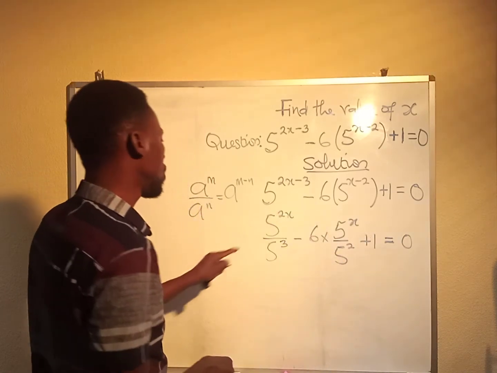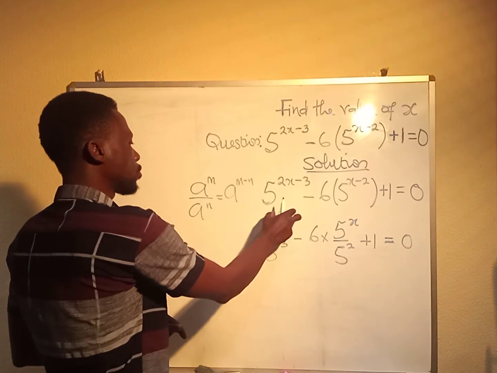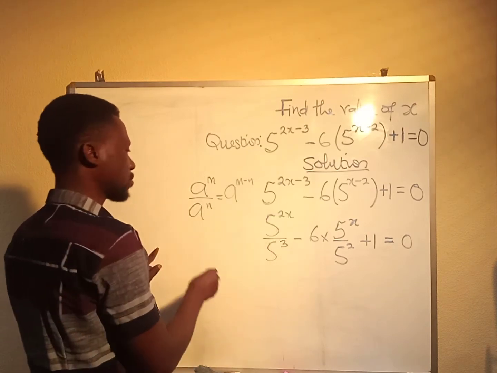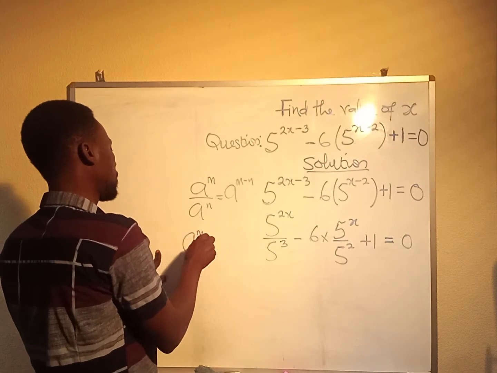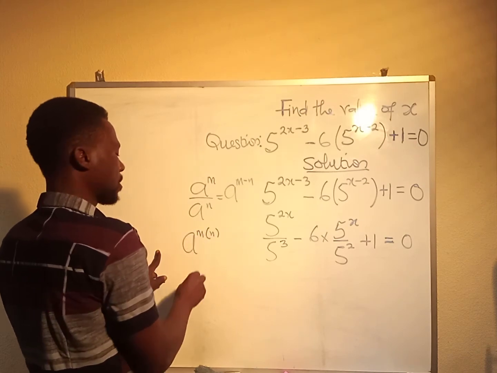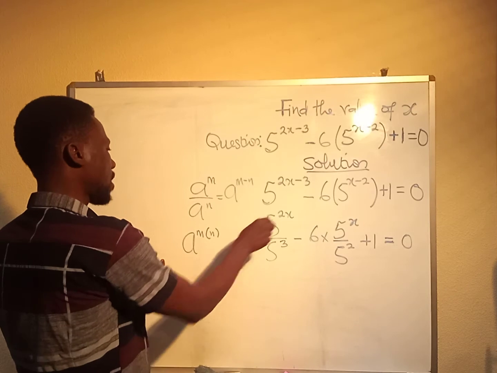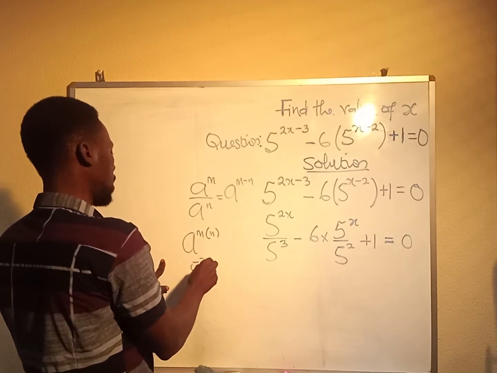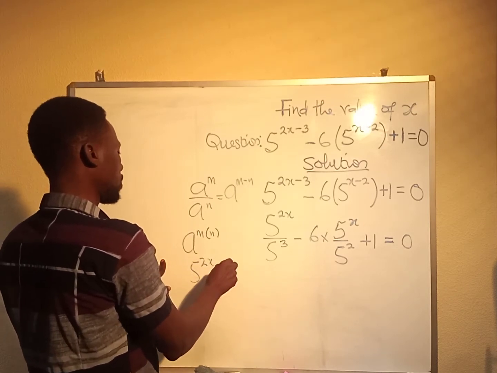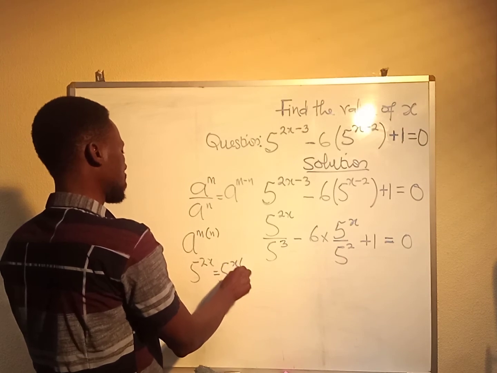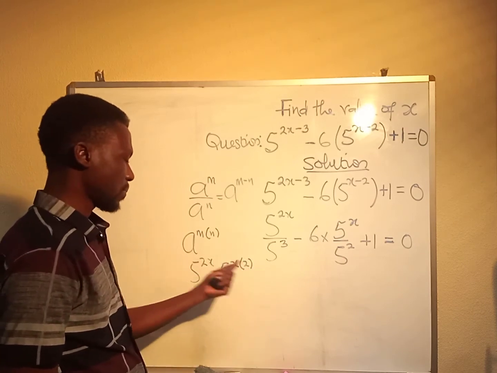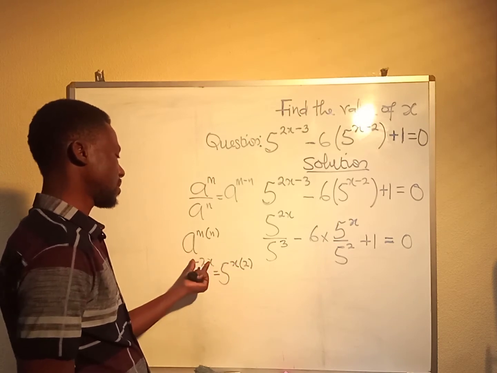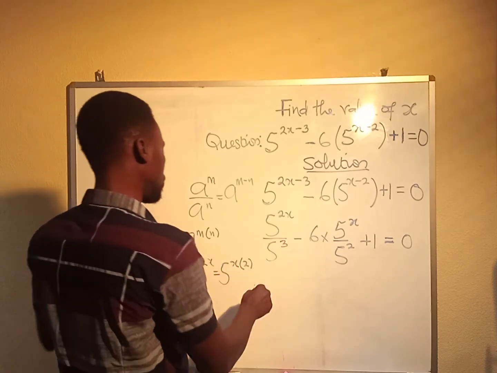So we can use the power of power rule to separate these two powers in the form a raised to the power m multiplying n. So we can rewrite 5 raised to the power 2x as 5 raised to the power x, then raised to the power 2. When we multiply this by this, it is the same as that. So we are going to do that.